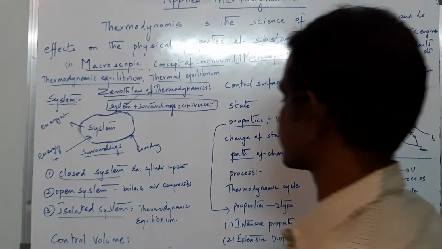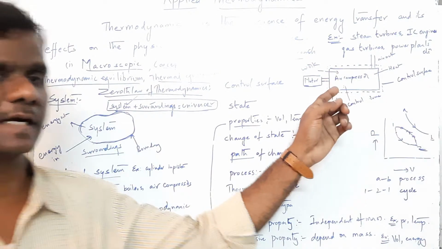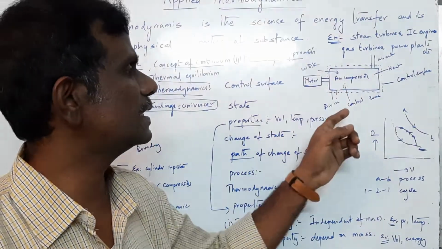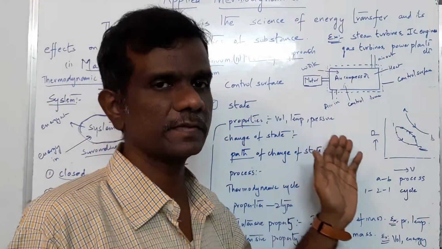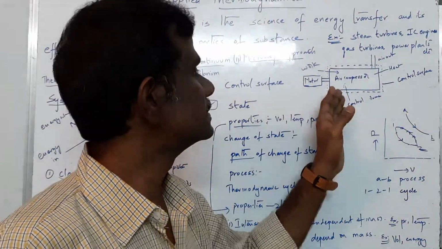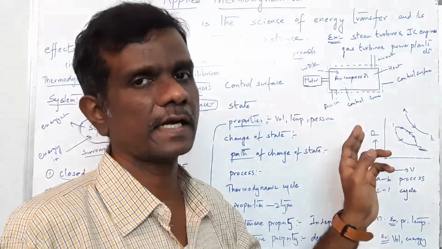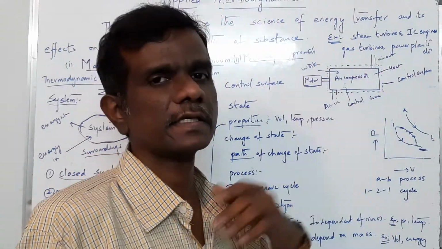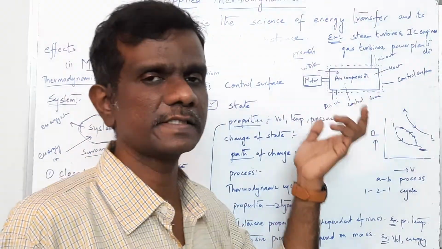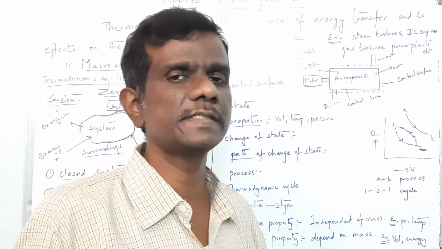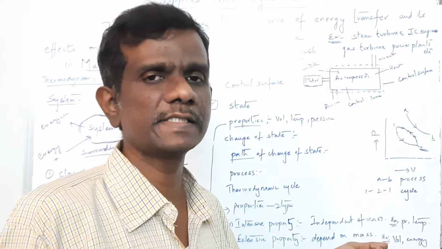So coming to control volume, let's consider this air compressor. Here our main attention is concentrated only on the control volume, even though air enters at one part and leaves at another part. Why? Let us take the best example, the domestic cylinder. How will the gas be stored inside?